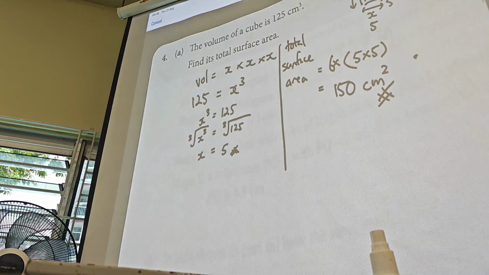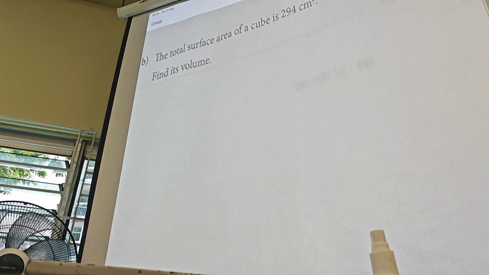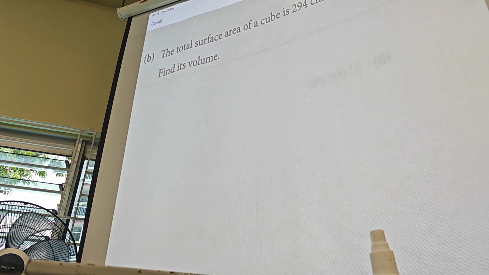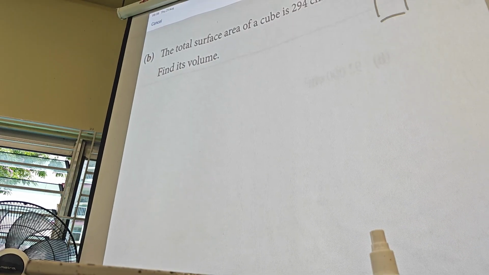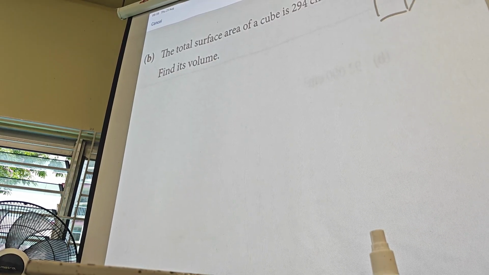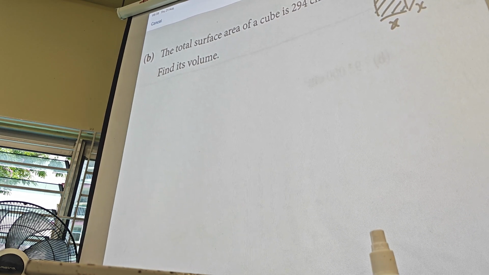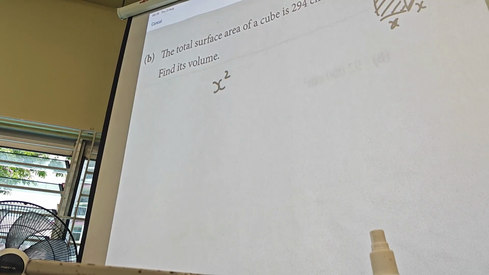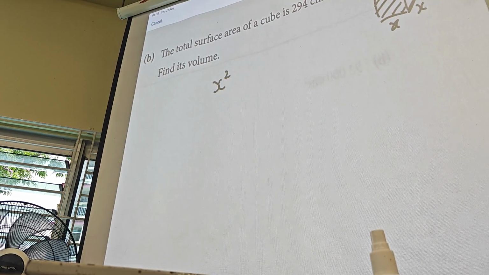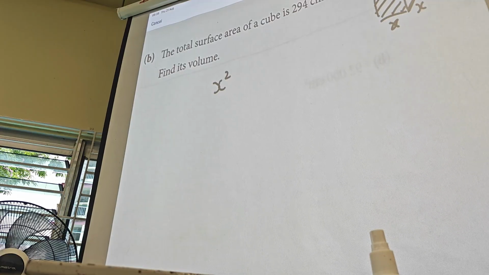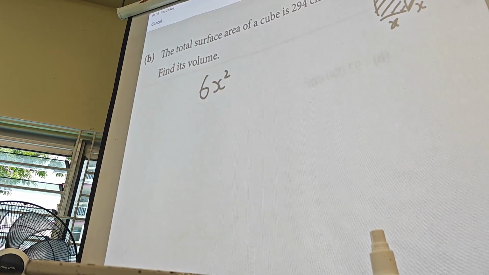Okay, part B, I get you all started, then you all try. The total surface area of a cube is 294. So again, it's a cube, meaning all the sides are the same. And the total surface area is made up of 6 of the squares. The area of each square is x times x, meaning x times x will give me one square. Then the total surface area is made up of 6 squares.